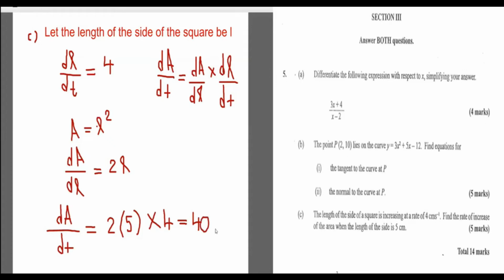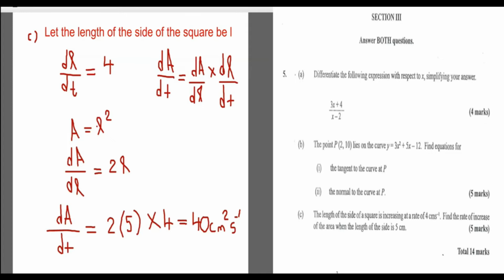But we're not finished yet, guys. Rate of increase, area is in centimeters squared. So it's 40 centimeters squared per second. Per second is s to the minus 1. And so that is the rate of increase.